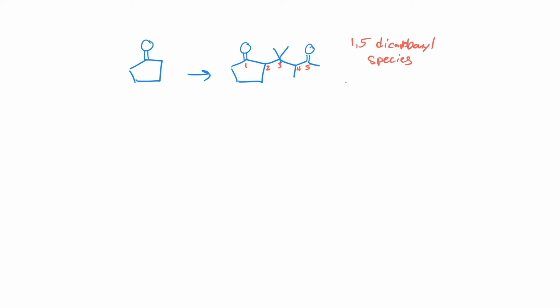And so that tells us it's probably a Stork enamine synthesis, where we would create the bond between carbons 2 and 3 via the enamine attacking a Michael acceptor, and maybe the whole piece here is going to be our Michael acceptor, where we'd have a double bond between 3 and 4. So let's make our enamine.